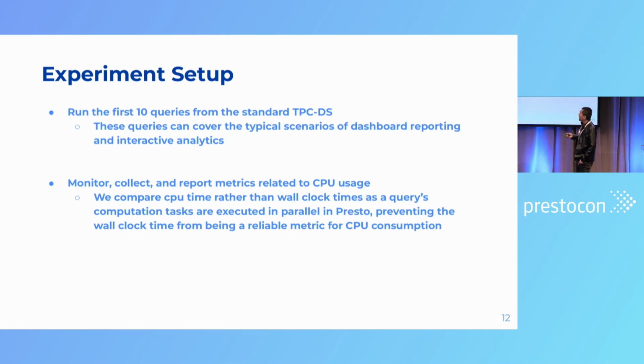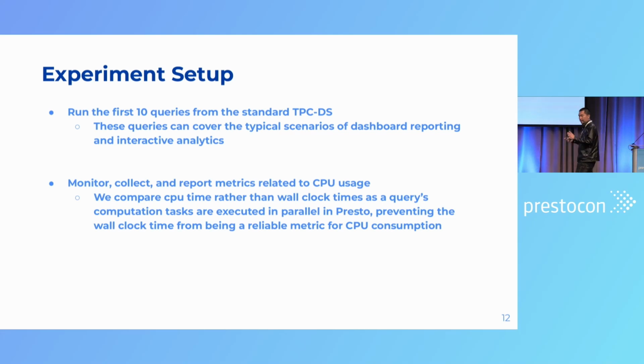We monitor, collect, and report the metrics related to CPU usage because, as Chunxu said, the bottleneck is on the CPU side, so we focus on the CPU. Presto runs queries in parallel, which means a query is split into multiple splits that are started on multiple workers.